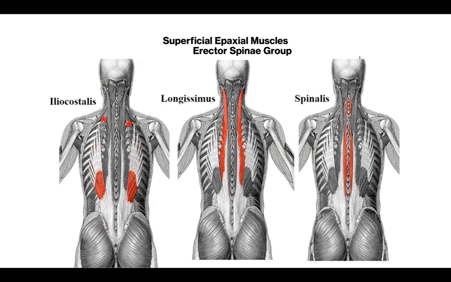All right. Now, lucky for us in this subgroup, all of these muscles are going to have the same origin. So we found a similarity. The erector spinae group all have the same innervation, which again is the cervical and thoracic dorsal rami of the spinal nerves, just like the splenius, right?